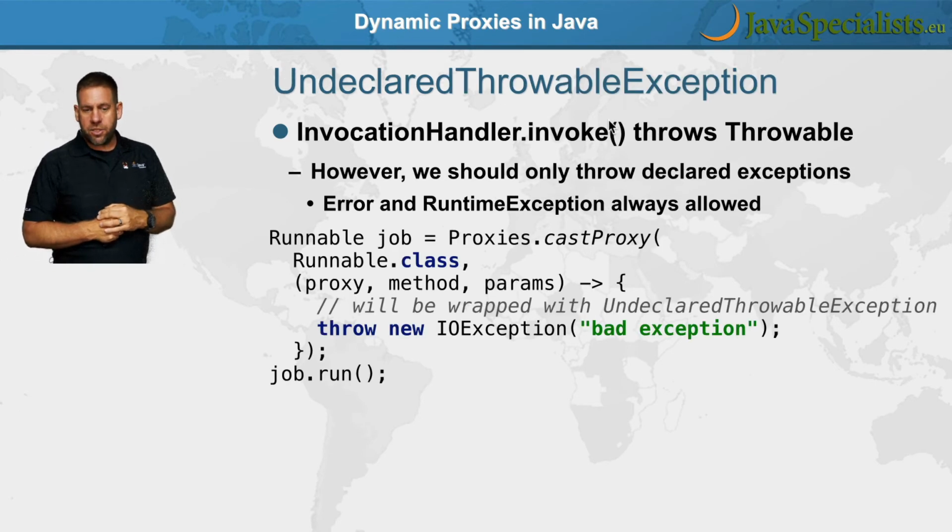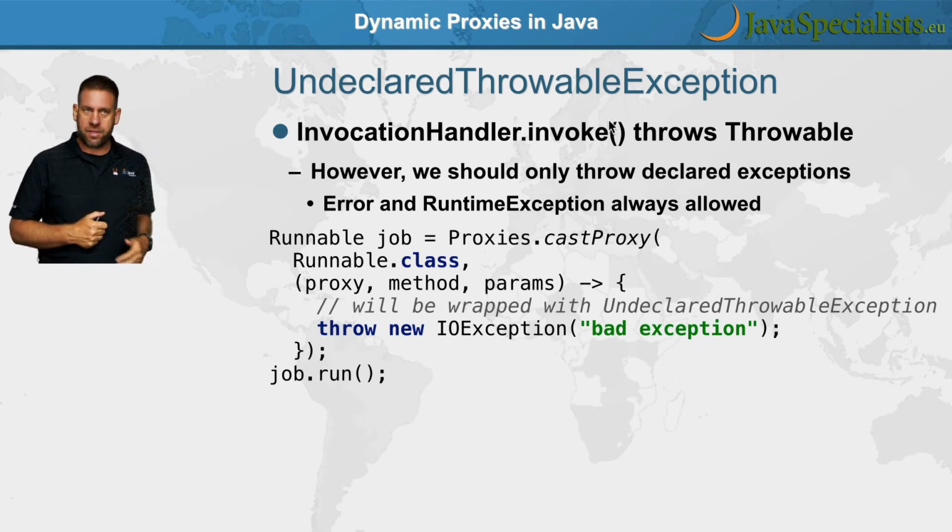Then, as I mentioned to you, the UndeclaredThrowableException. The invocation target throws Throwable, but if we throw an exception which wasn't declared as part of the method signature, then it's going to rethrow an UndeclaredThrowableException. For example, here inside my Runnable dynamic proxy, I'm throwing a bad exception, an IOException.